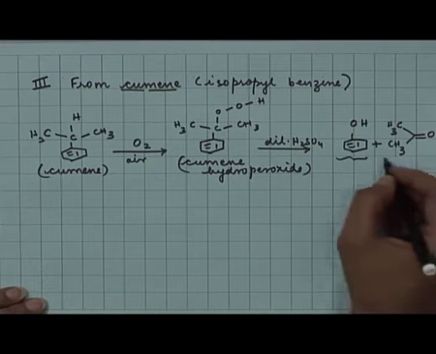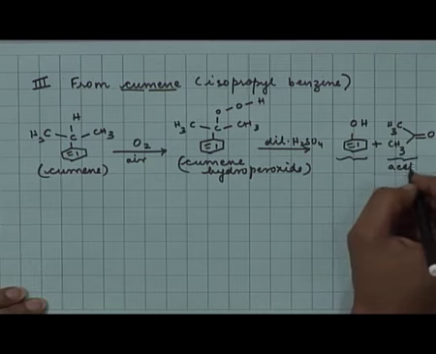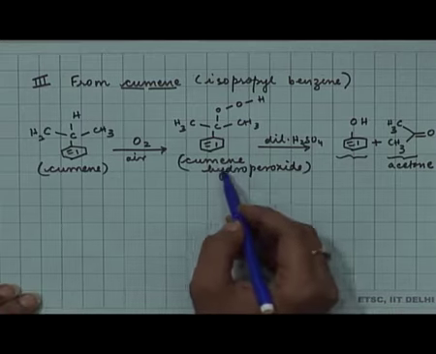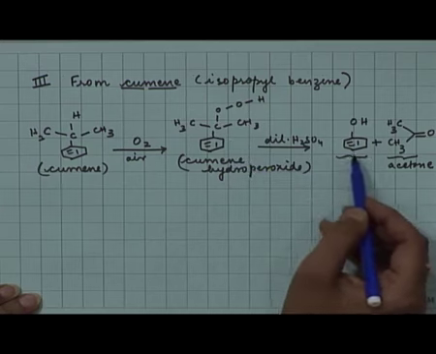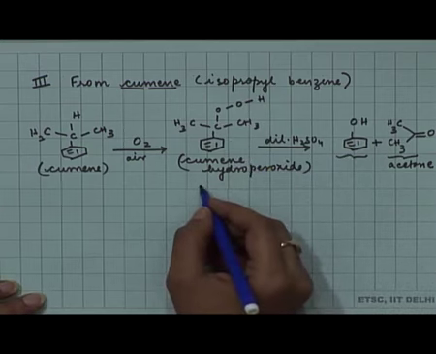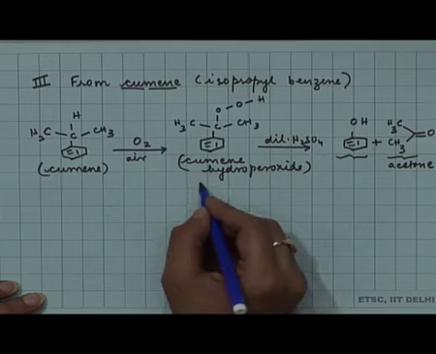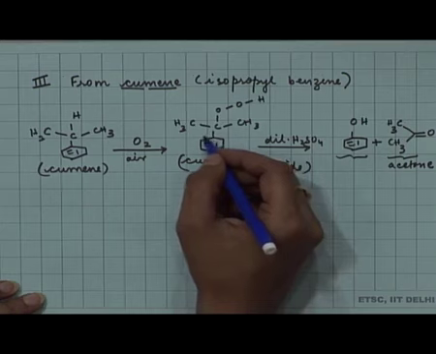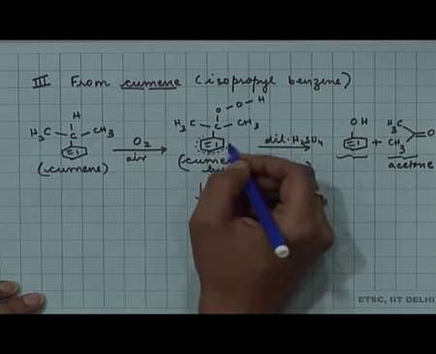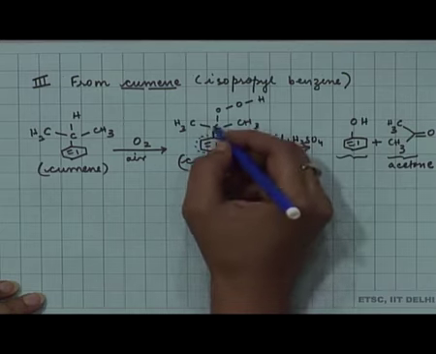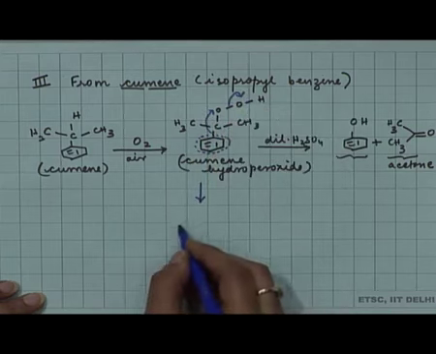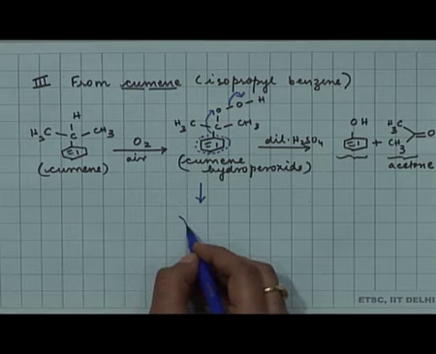So, you get the phenol and you get acetone as the byproduct from the cumene oxidation. In going from the hydroperoxide to phenol, we believe what is happening is that there is a migration of this phenyl group to give you this intermediate.